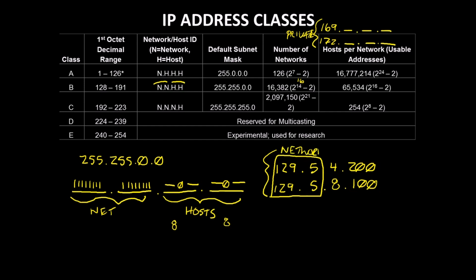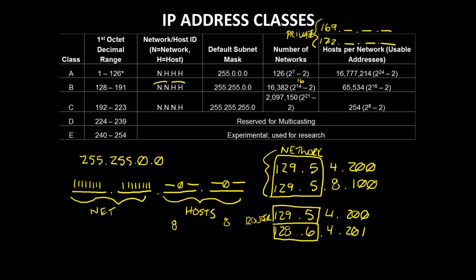They will be able to communicate. 129.5.4.200 and 129.6.4.201 do not belong to the same network because of the subnet mask. These are differing and will require a router to communicate as they have been separated and subnetted out.